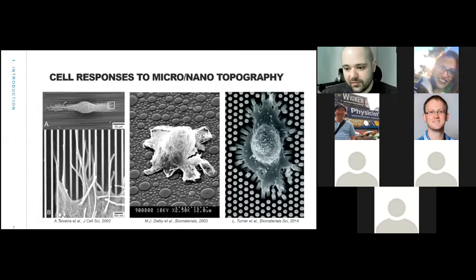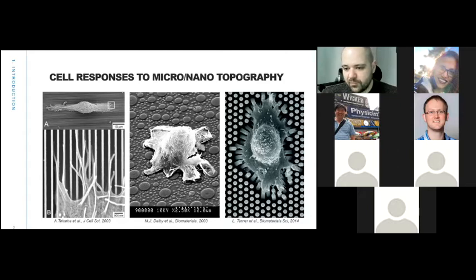This type of collaboration led to a huge amount of research that even to this day, looking at how cells interact with topographies of different shapes and sizes, from the micro to the nanoscale. We have examples here of grooves that have been etched into surfaces and how cells align along these grooves, or how other cell types can use these nano islands as stepping stones, where the cell can adhere to these circular shapes on the surface.